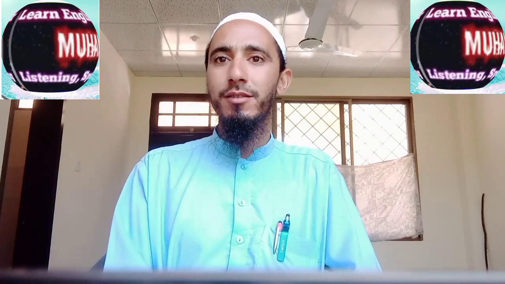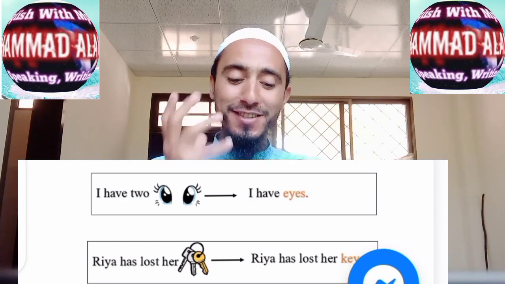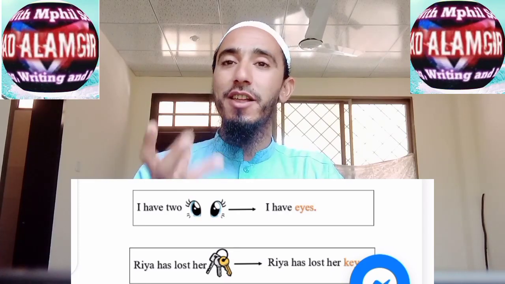Take the example of eyes. If you want to teach and help small children understand eyes along with the spelling, you say, for example, I have two, and then the picture of eyes. I have two eyes. One example. The next interesting example is, for example, if you say, Ria has lost her dash, her what?